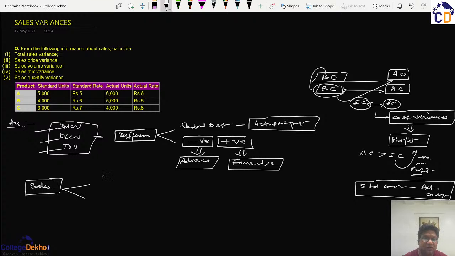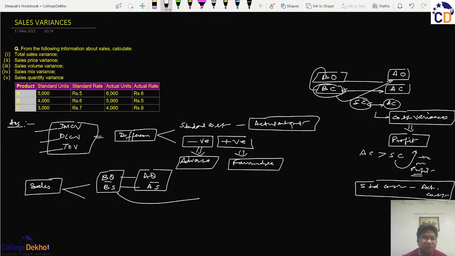Firstly, there will be the concept of budgeted and actual, like earlier with budgeted quantity and actual quantity. But here there will not be any concept of standard sales, because there is nothing like standard sales. The only thing is what you planned to sell and what you actually sold.